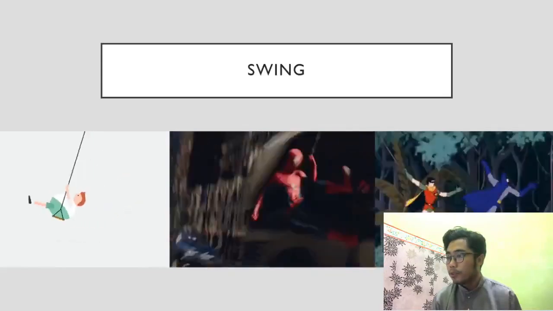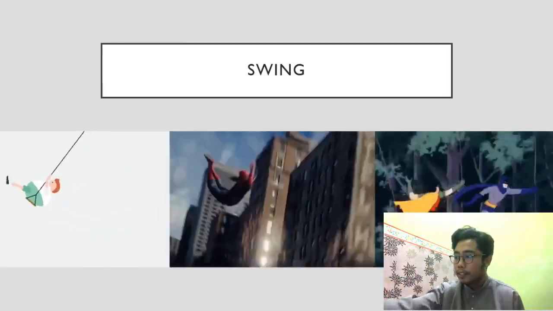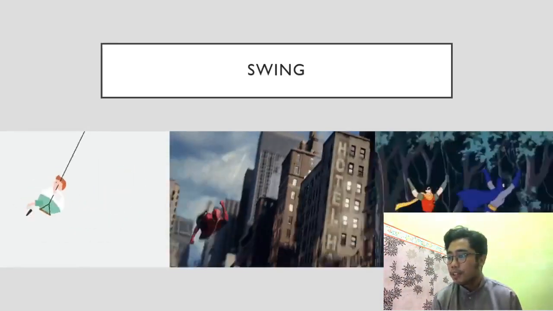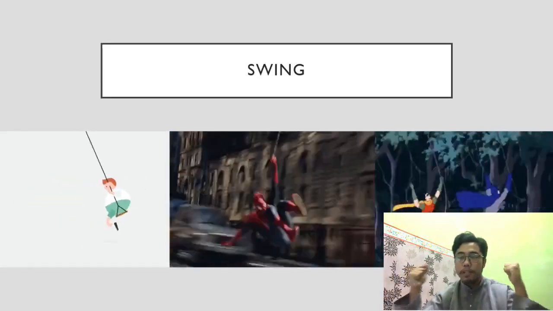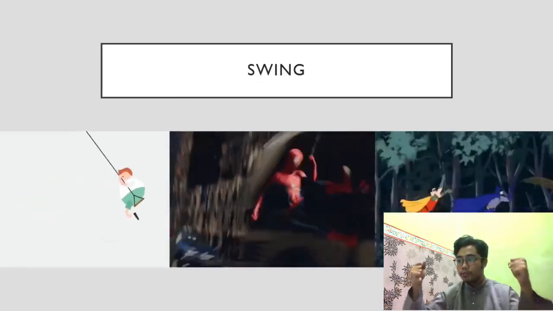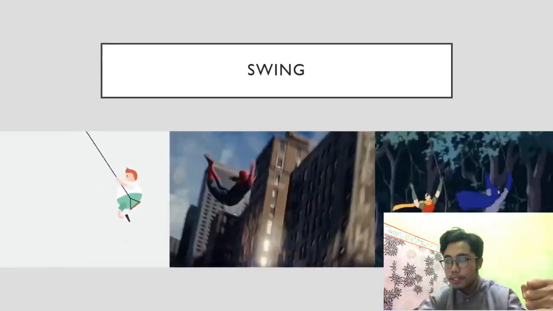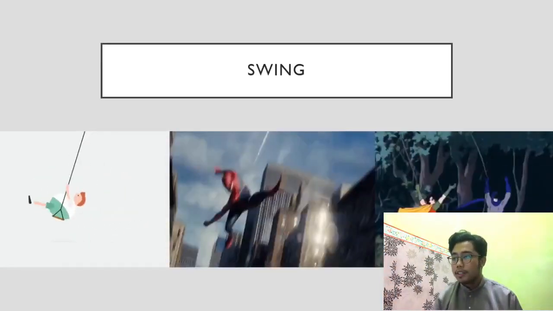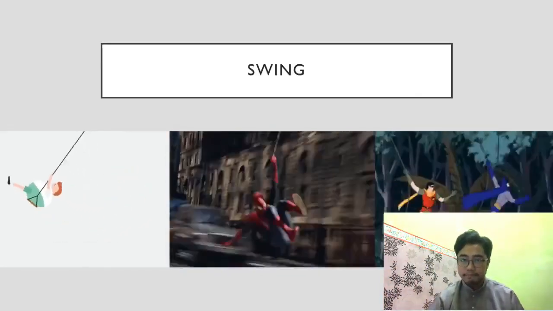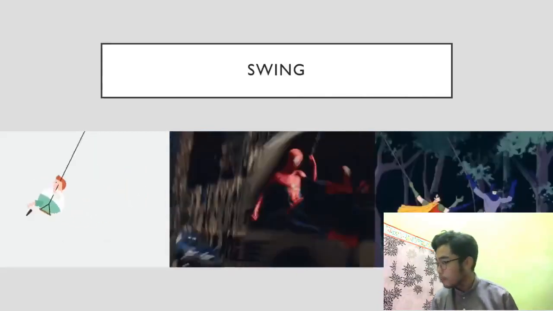Now let's look at swing. There are 3 animated pictures, GIFs. The first one, like the girl, she's playing at the playground, moving from front to back. So swing, it's like the playground.